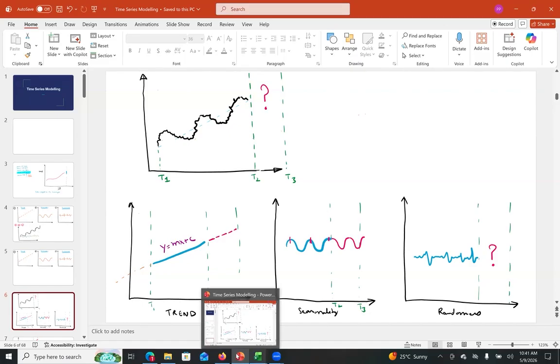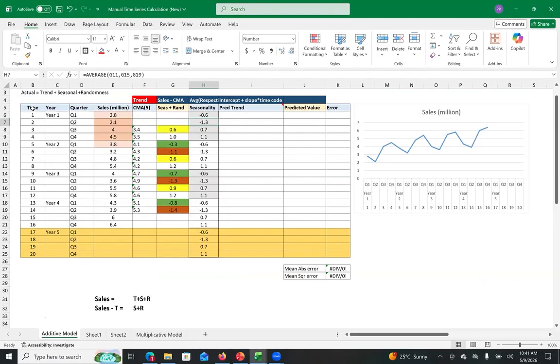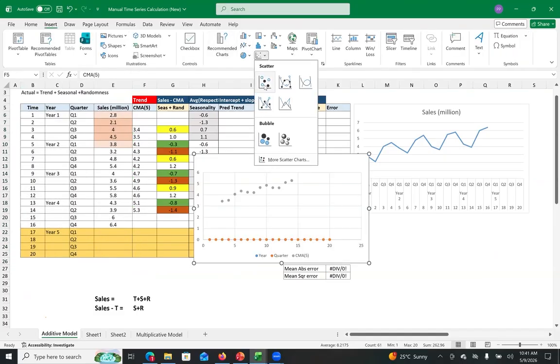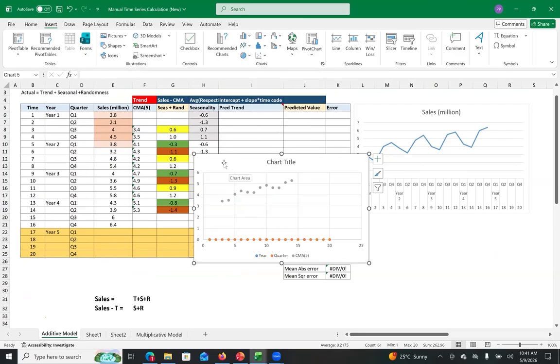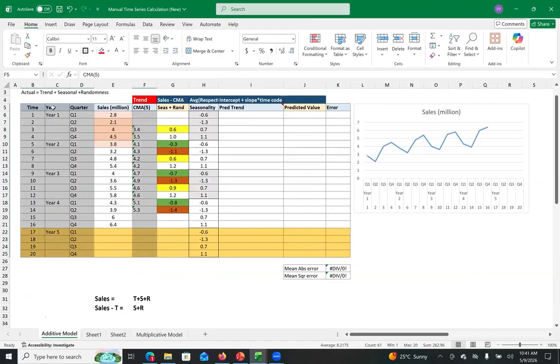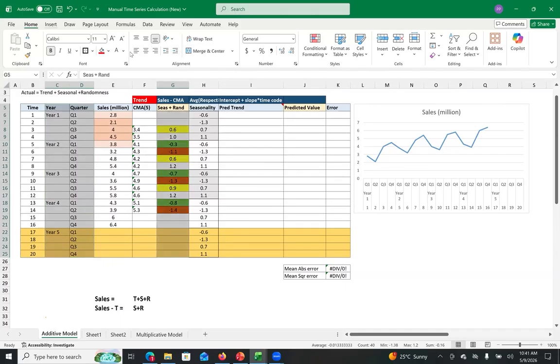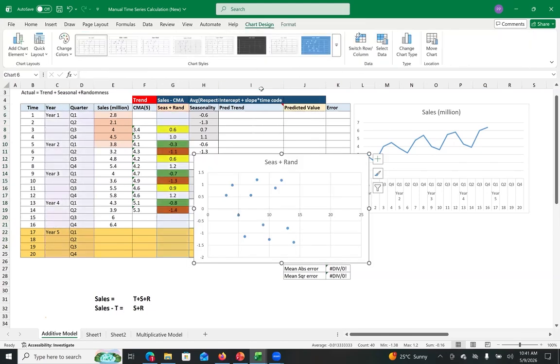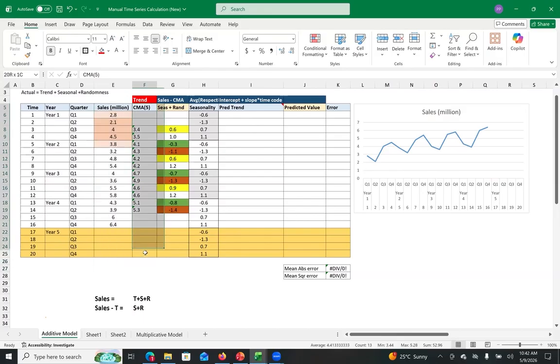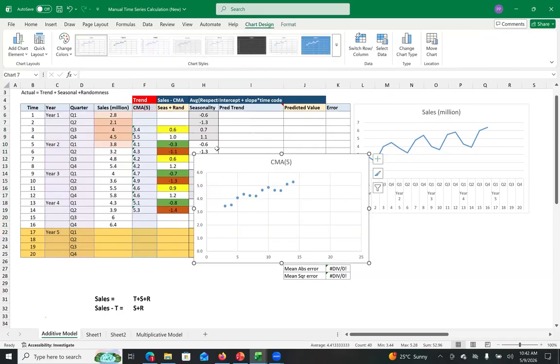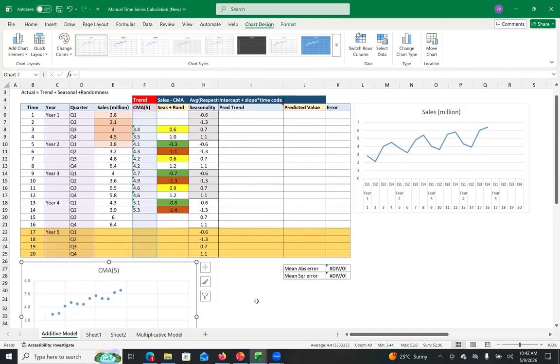Okay. So let me show you. Let's say I want to predict the values for what is going to come next.